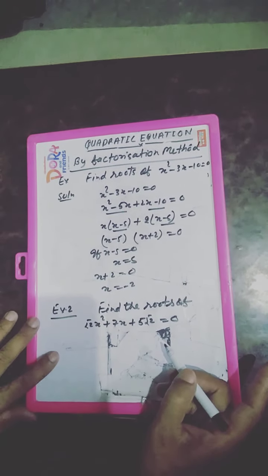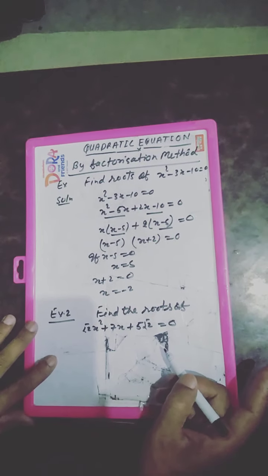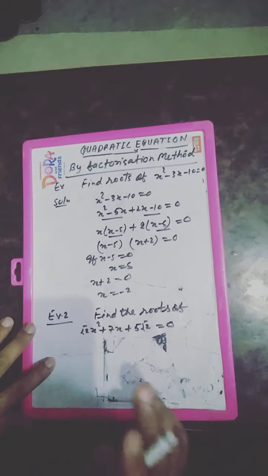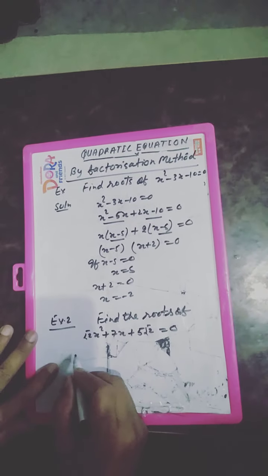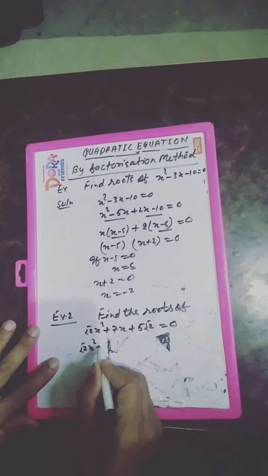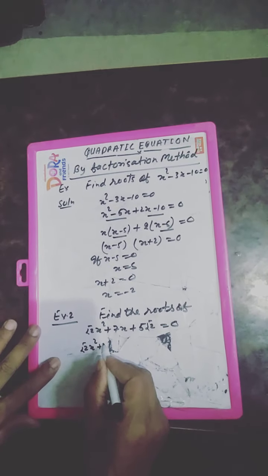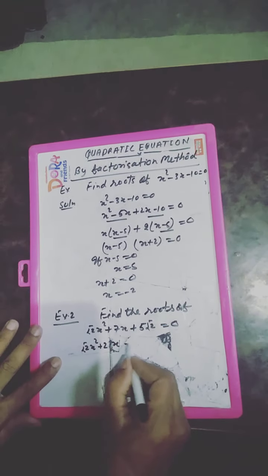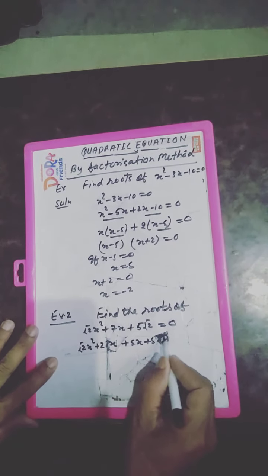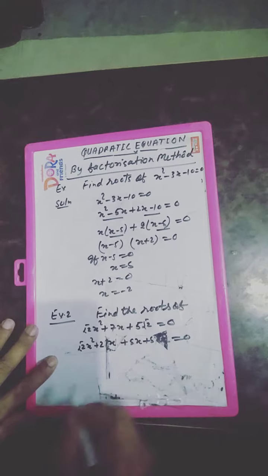If we multiply 5 and 2, we get 10, and if we add 5 and 2, we get 7. So we can write this as root 2x square plus 2x plus 5x plus 5 root 2 is equal to 0.